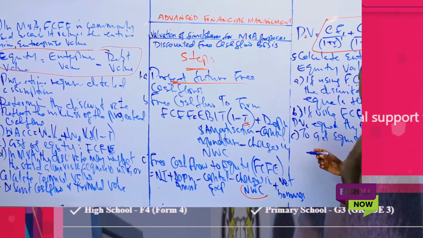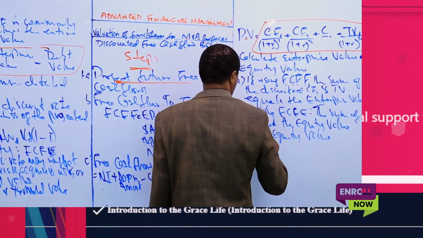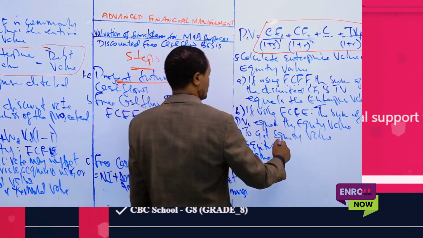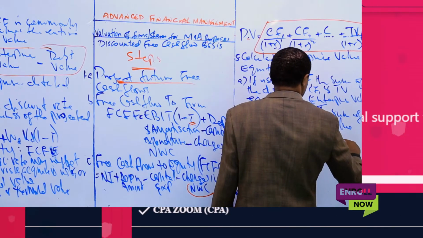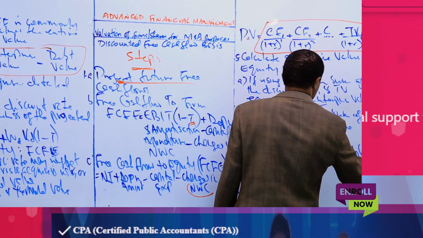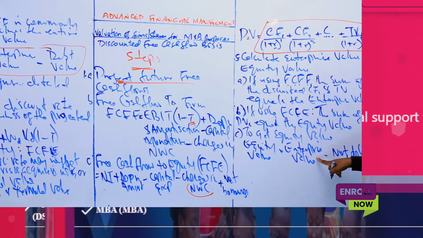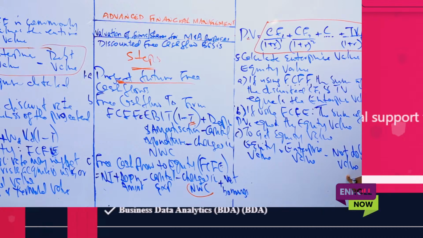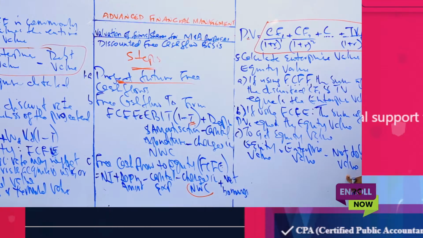So equity value will be equal to the enterprise value minus the net debt value. The net debt value is just equal to the total debt minus cash and cash equivalents. You understand? Yes, you do.